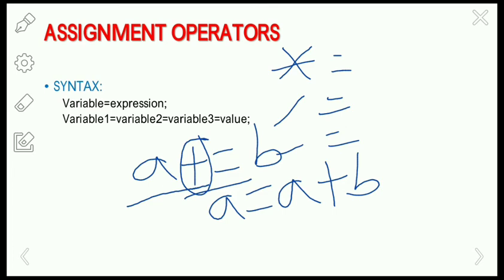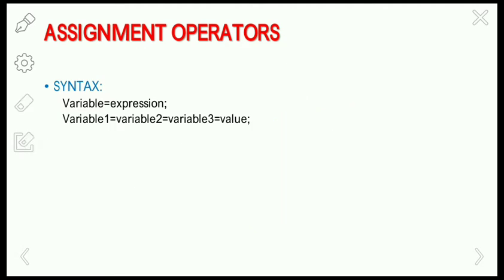Modulo equals. So we can take the arithmetic operators or any bitwise operators. The bitwise operators are like and equals, or equals, not equals. So these are the bitwise operators. For the compound assignment operators, we can use any of the arithmetic or bitwise operators.